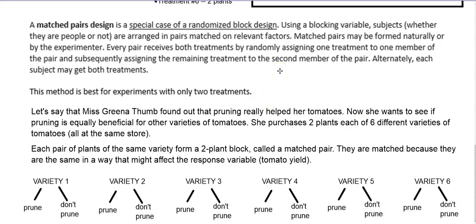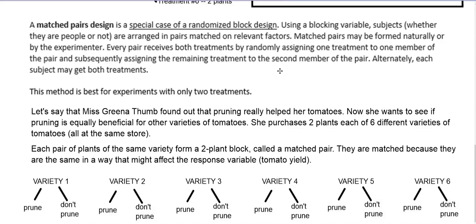Using a blocking variable, subjects, whether they are people or not, are arranged in pairs matched on relevant factors. Sometimes you might block on several different factors, but you want to match up 2 of the subjects as closely as possible on those variables. So matched pairs may be formed naturally, like for example, identical twins are matched pairs, or having 2 of the same kind of plant might be matched pairs.